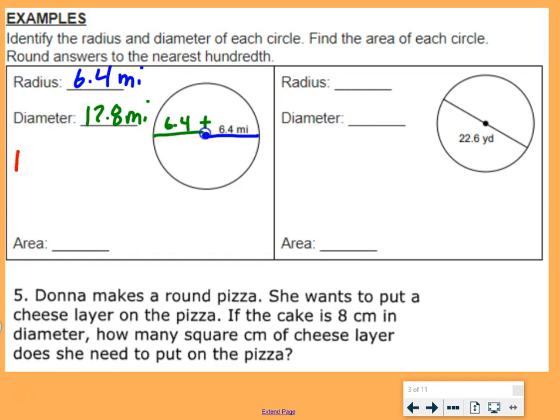The area of the circle equals pi times radius, well, radius is this, 6.4 squared. Now, we can use our calculator to compute this. And I'm going to show you how here on my calculator.